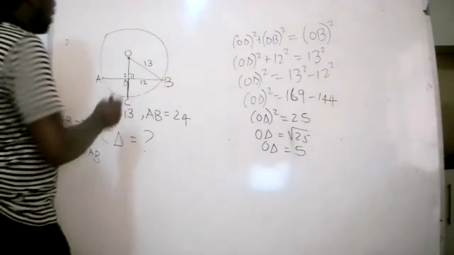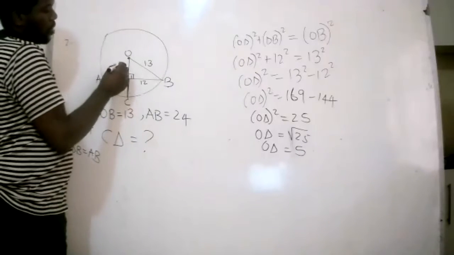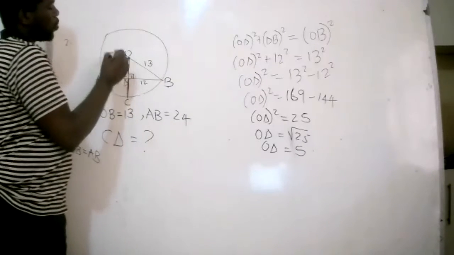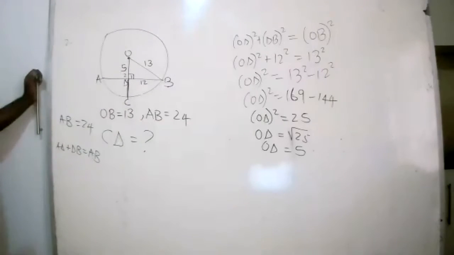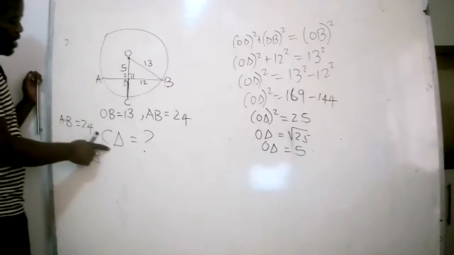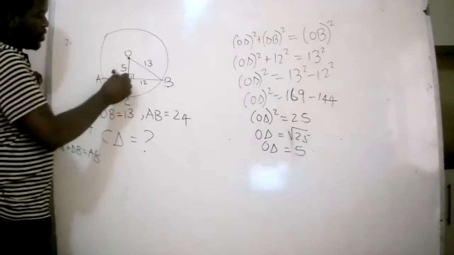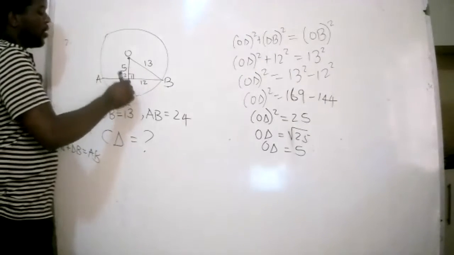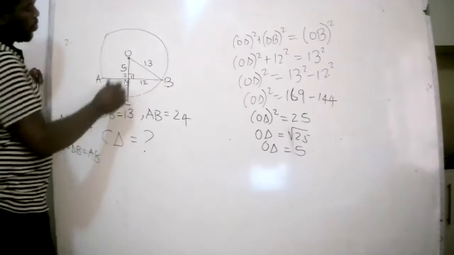So we now have this side. The side OD is equal to 5, right? Yes. Now let's find CD, because that is our main question. Our main question is finding this side CD. How can we find CD?